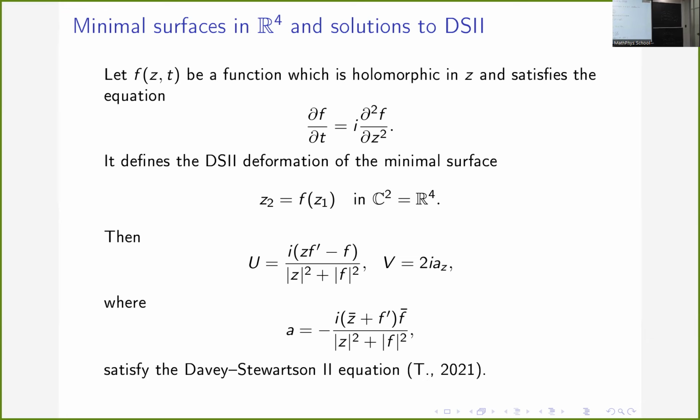That's it. And what is interesting? Sorry, I have an additional question. So f is a function of two variables. Yes. So f(z1) means f(z1, t) for any fixed t. Yes, of course.